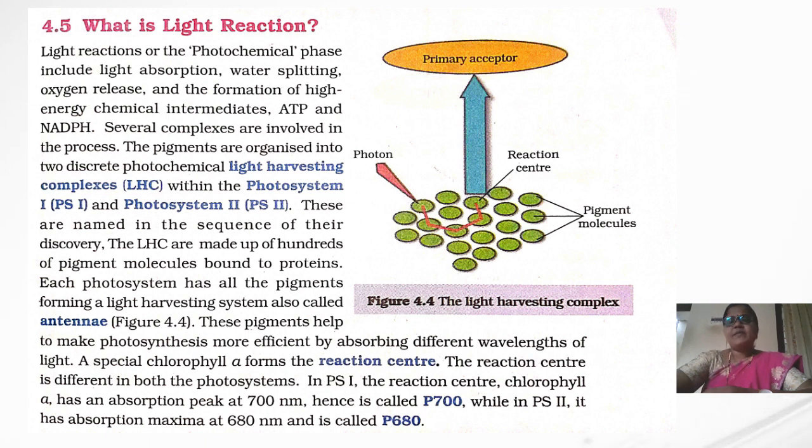In the previous class, I told you what is meant by light reactions. These reactions are in the stroma, enzymatic reactions which incorporate carbon dioxide into the plant, leading to the synthesis of sugar. This entire process is not directly light driven. Once again, where do these reactions take place? In the stroma, the enzymatic reactions which incorporate carbon dioxide into the plant.